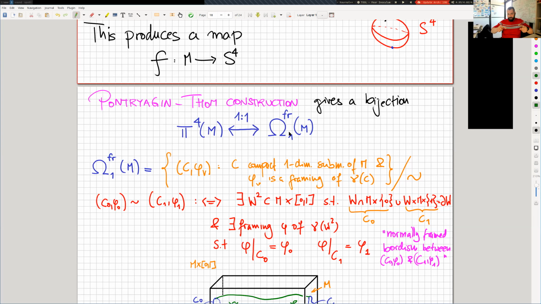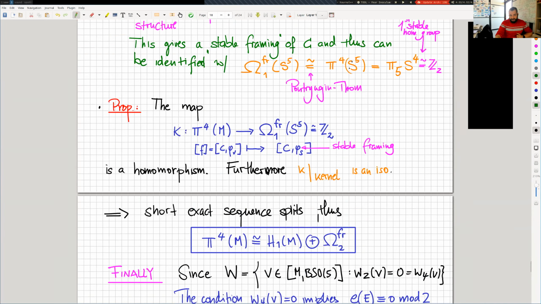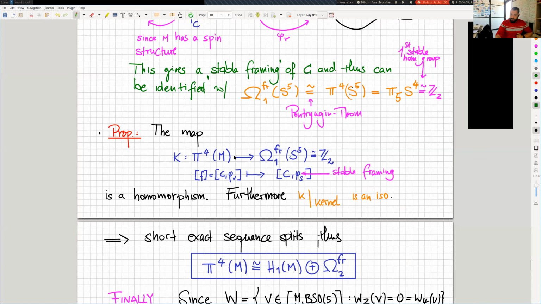So you can deform them a little bit so they're disjoint, and then you just take the union of both with the union of their framings, and then you get addition on this thing here. You can show that this is a group structure.